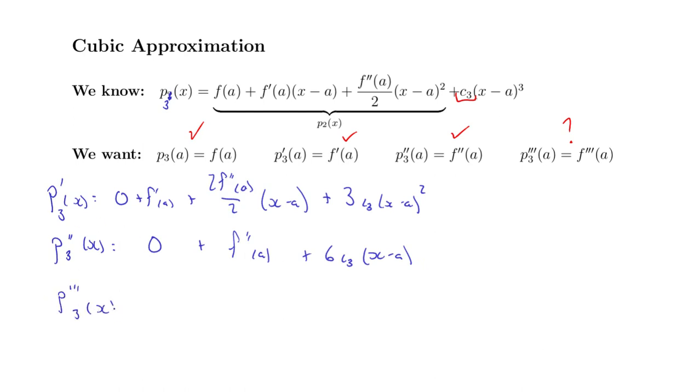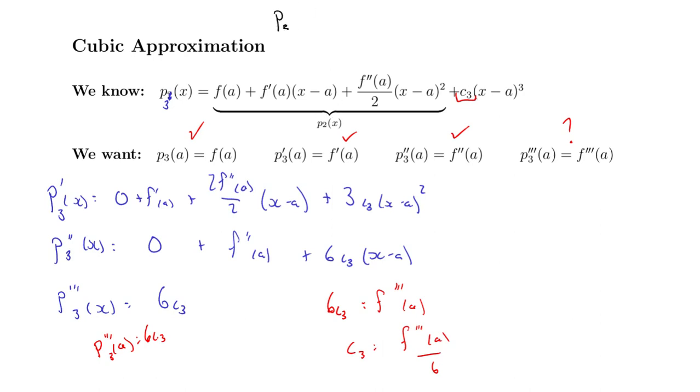And lastly, if we look at the third derivative, this is just going to be 6c3. And what we want is for 6c3, that's this third derivative evaluated at a, to be equal to f triple prime of a. And so hopefully you can see pretty easily that this next coefficient is our third derivative divided by 6.